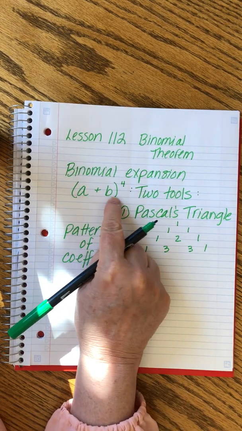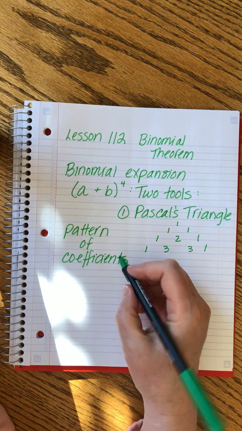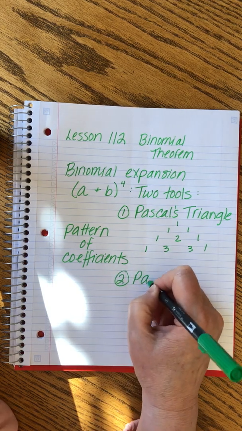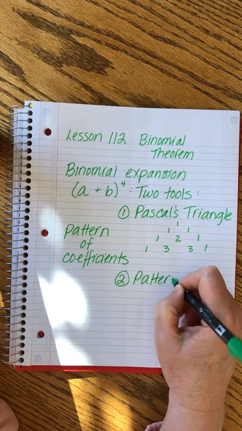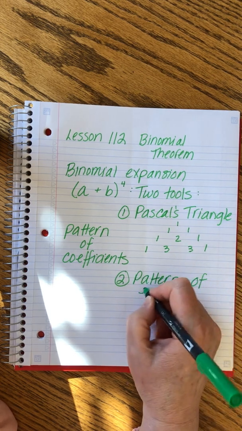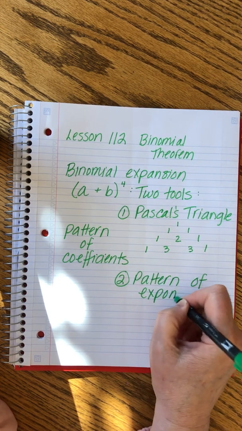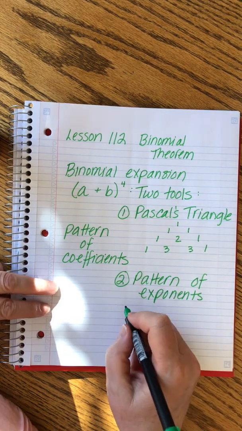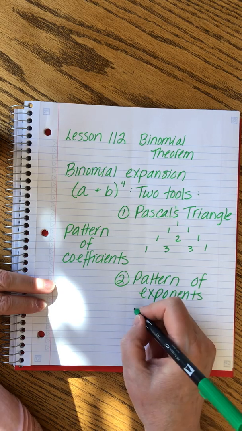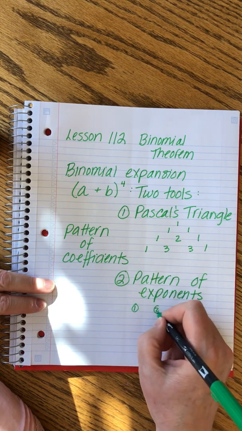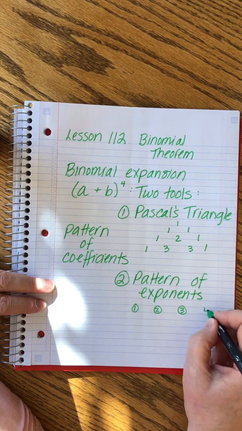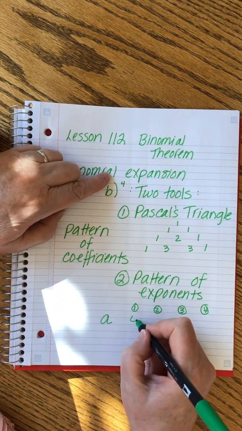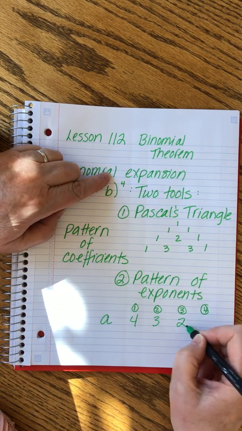But then we need to know what exponents go on each term. So then we write another little chart that's called the pattern of exponents. With this one to the fourth, we would say, okay, first term, second term, third term, fourth term, and for the a coefficient, it's going to start at 4 and go down.